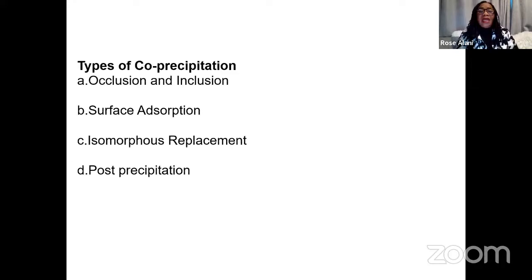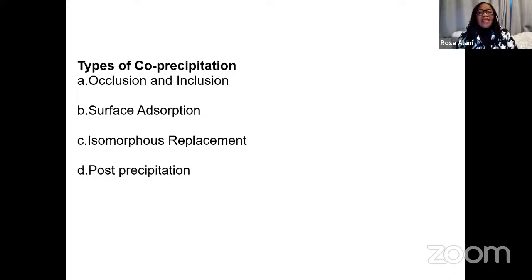So now the types of co-precipitation that we have, from what I just explained to you on the first slide, types of co-precipitation that we can have when we are precipitating our analytes. We have occlusion and inclusion. In our last lecture, I was just about talking about that when we ran out of time.